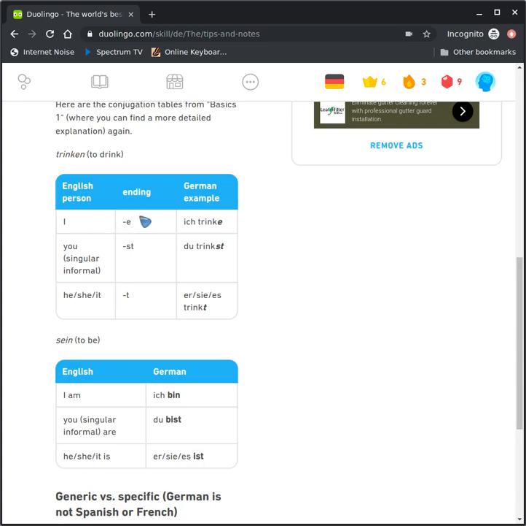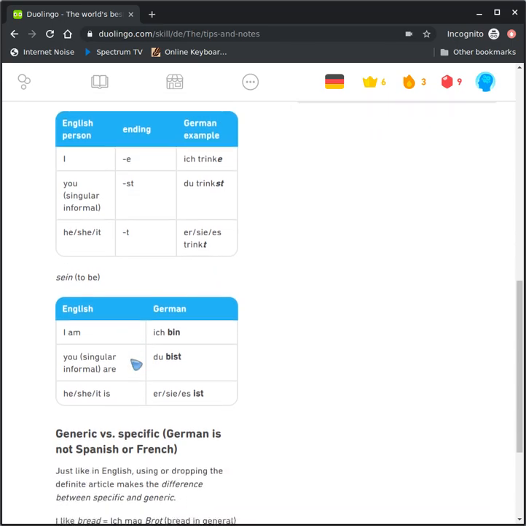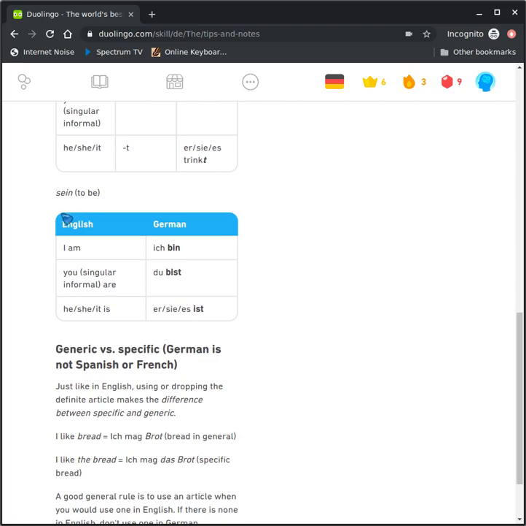Okay, so we've got our endings. St, and t. German example. Ich trinke. Du trinkst. I drink. You drink. And then last but not least, er, sie, es trinkt. He, she, or it drinks. Okay. Now we're adding in a new verb here, sein, to be. So in English we say I am.